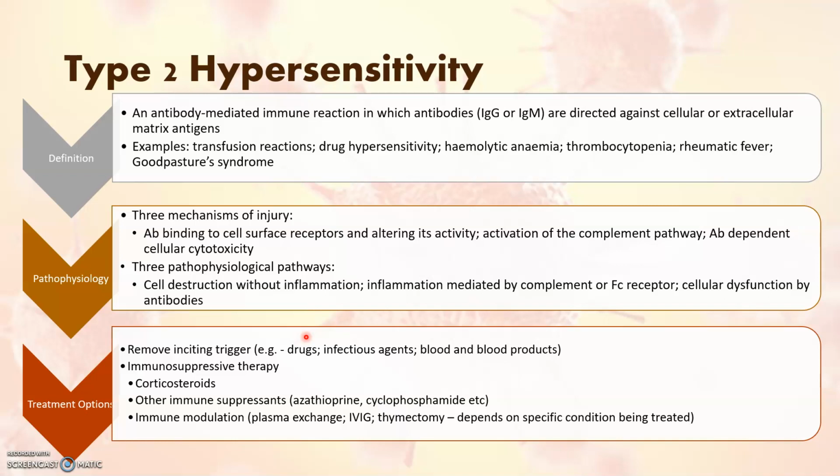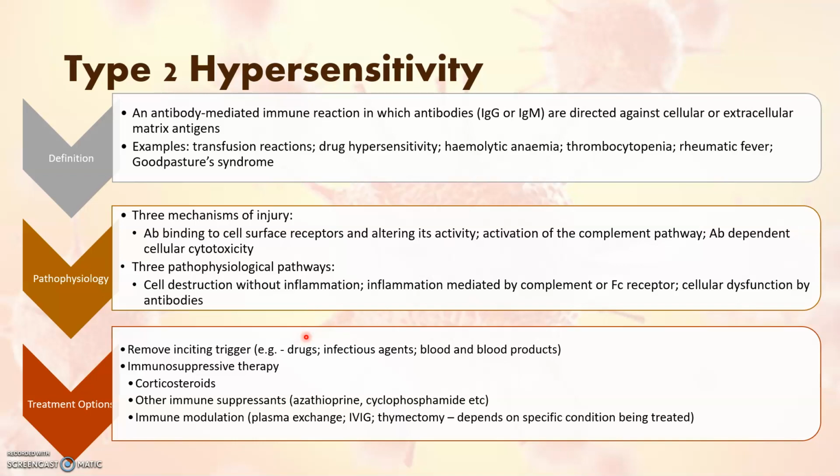Beyond this, we need to figure out how to suppress the immune system, and this can be done through the use of corticosteroids, or in some cases using other immune suppressants such as azathioprine or cyclophosphamide.